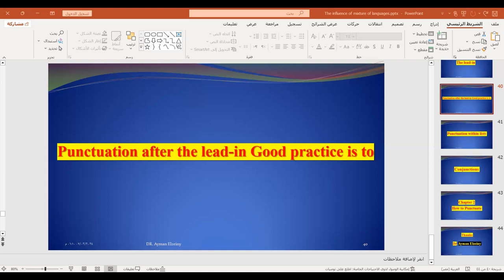But this is by no means an absolute rule. For example, it may be better to say the purpose of such action is, rather than the purpose of such action is to. The difference here in such a case is built around the to after is.